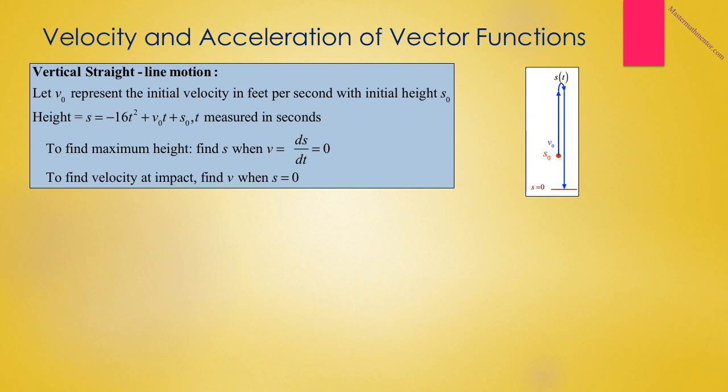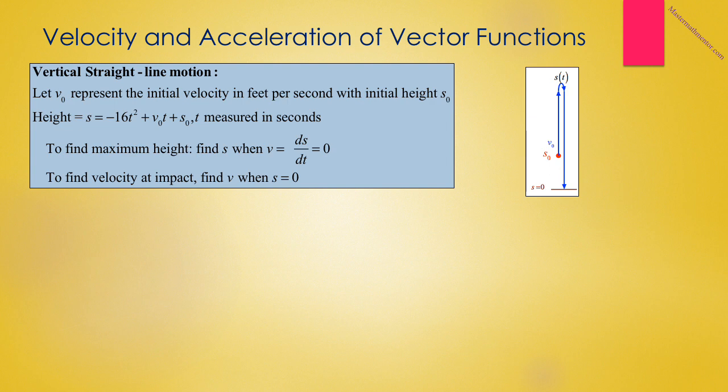Back in AB calculus, we studied vertical straight line motion involving gravity. If v0 represents the velocity in feet per second of some particle with initial height s0, then the height s is equal to negative 16t squared + v0t + s0, where t is measured in seconds.